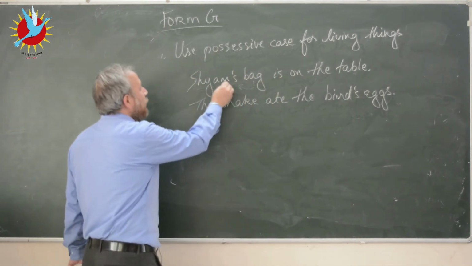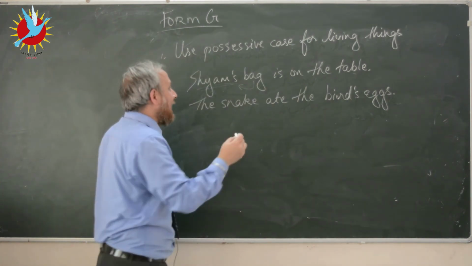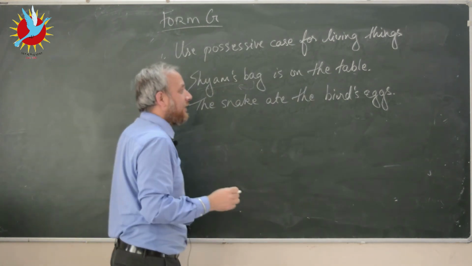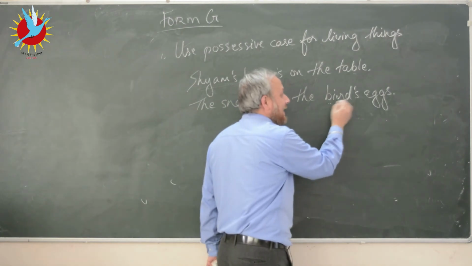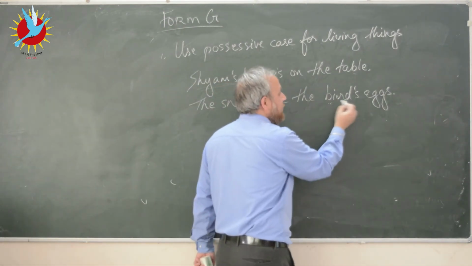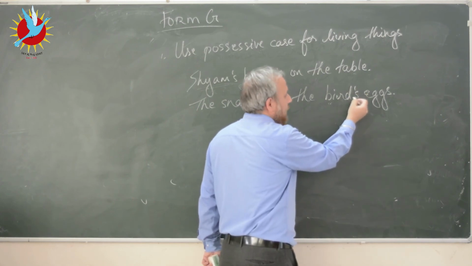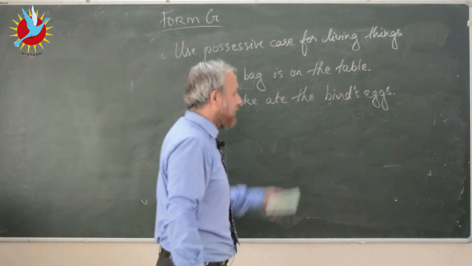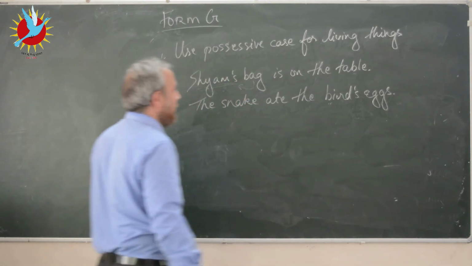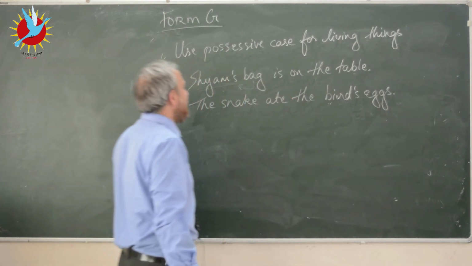So Shyam too is a proper noun, name of an individual, a living thing. So I can make this possessive. Bird too is a living creature, yes or no? So I can make it a possessive noun. Simple. Let's just keep it simple.